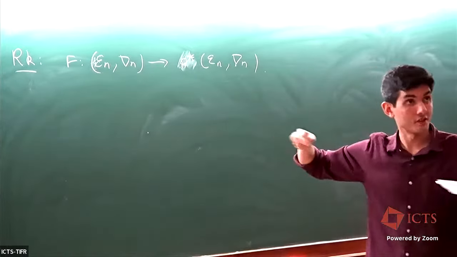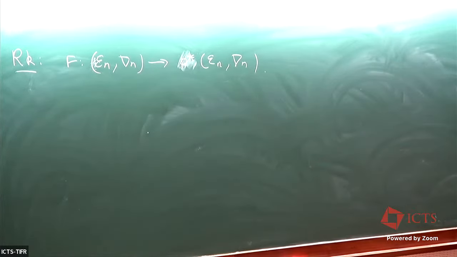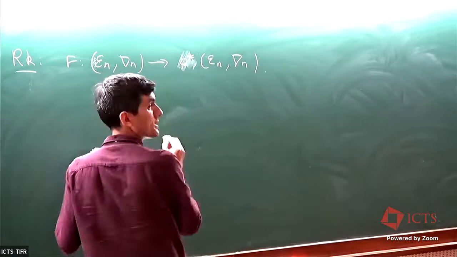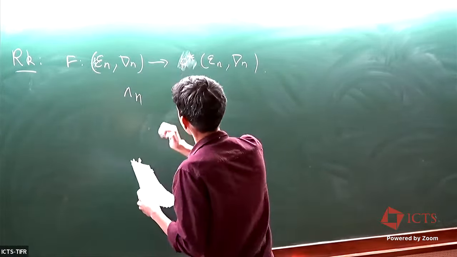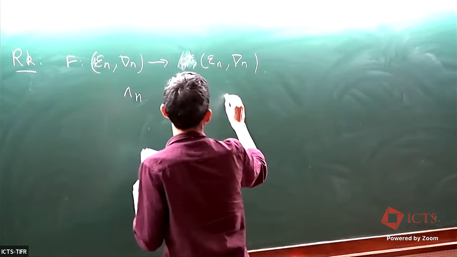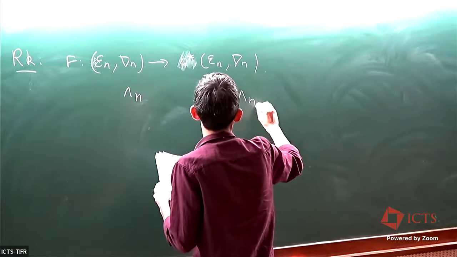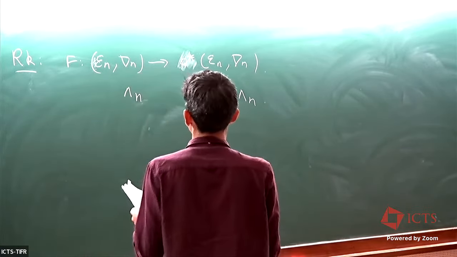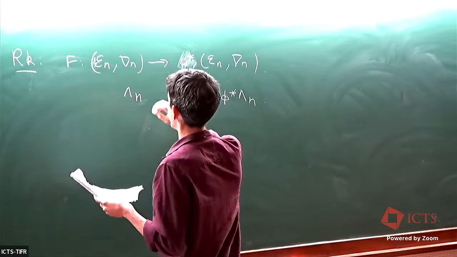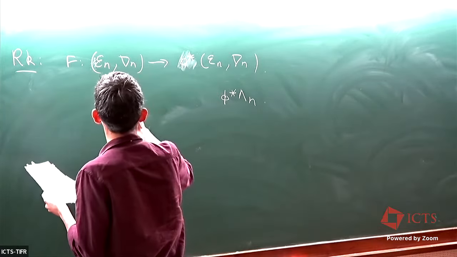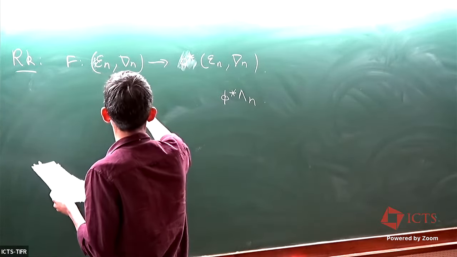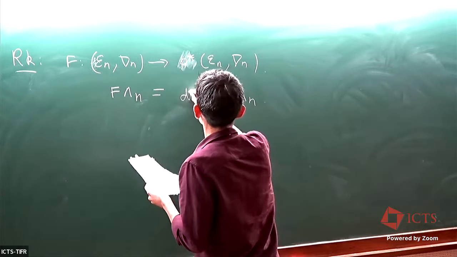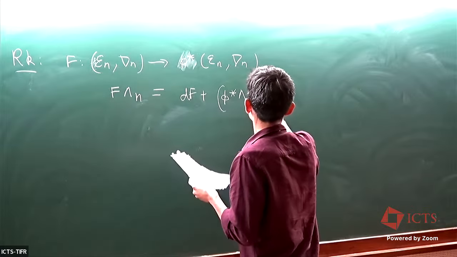But we already actually did this for an affine curve using this theorem of Kim, that you can write this locally just as a matrix, lambda n, and then you have that matrix of one forms, and you can just apply Frobenius to each entry. And then the identity which you're asking to be satisfied is exactly that. Do this and apply F, so that's equal to df plus this.